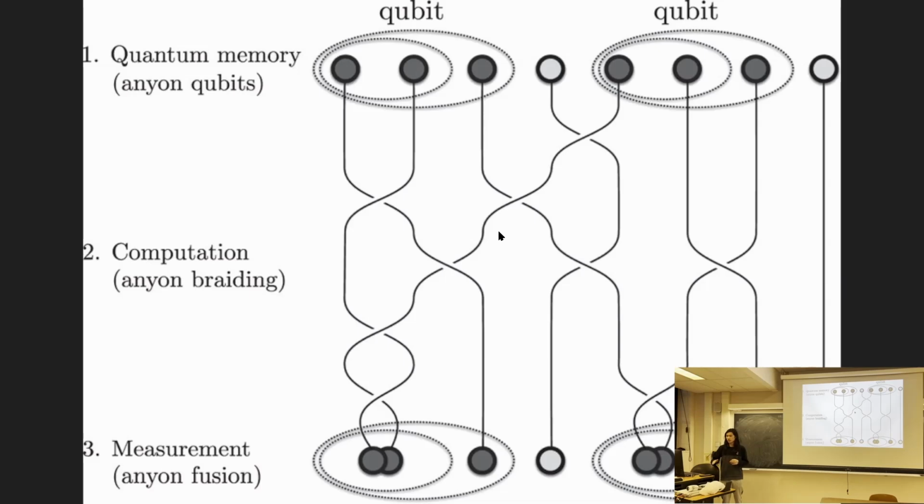And then this evolves the quantum system. And then at the end, you fuse the anyons and you perform measurement. And based on that, you know which paths the fusion went in, and you'll be able to do the computation.